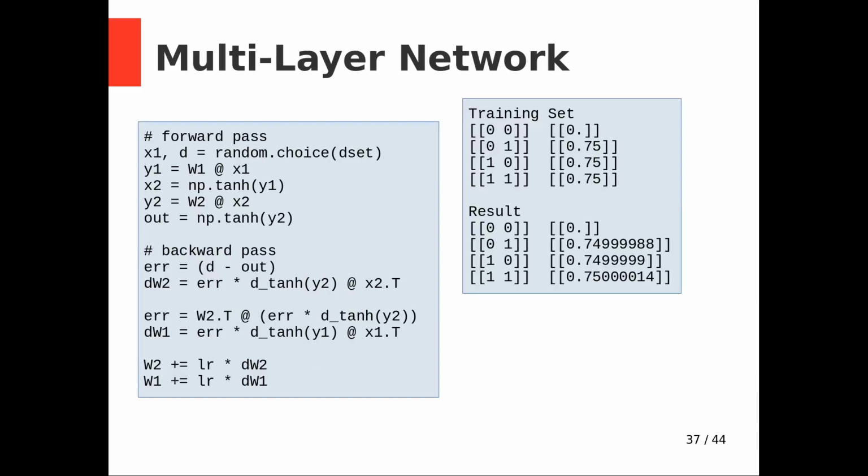If we train this on the OR rule, we see much, much better behavior. It is possible for this network to approach very, very close to the output that we want. Notice that the 0, 1 case is still very slightly less than the target, and this case is very, very slightly more.